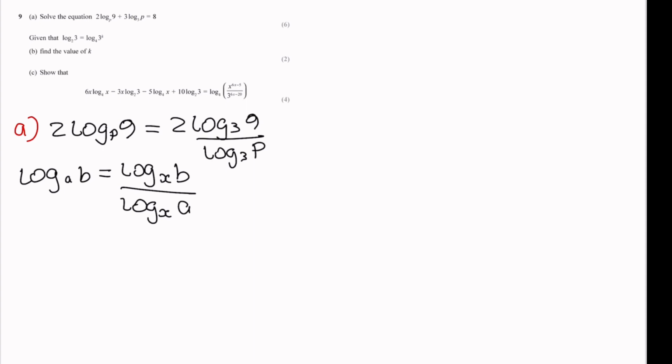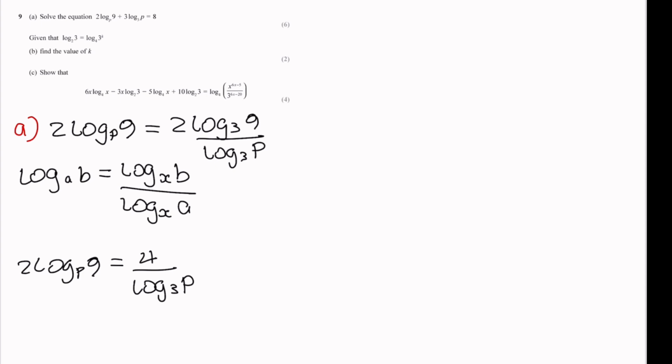That would be 2. So log to the base 3 of 9 is just 2. So 2 log to the base p of 9 is equal to 2 times 2, divided by log to the base 3 of p. So we've rewritten that first term as 4 over log to the base 3 of p.